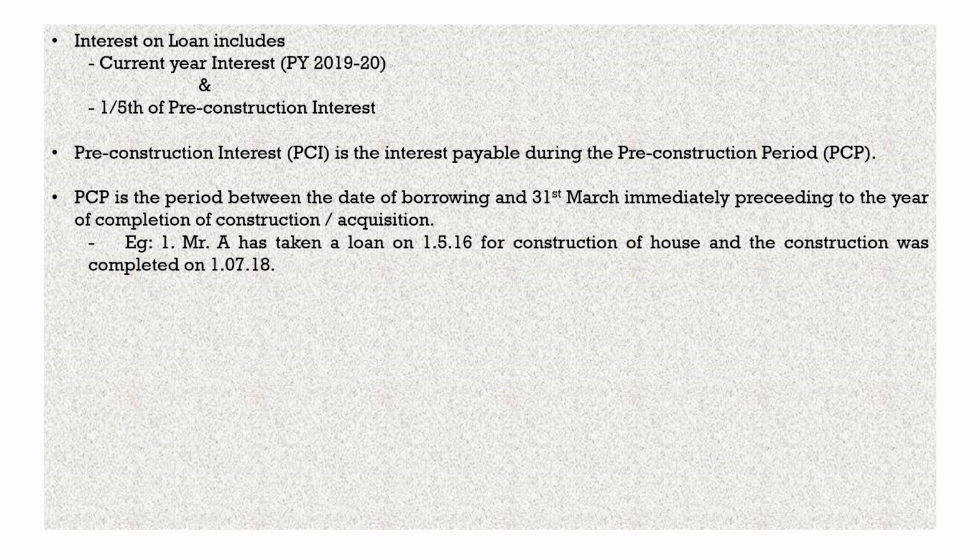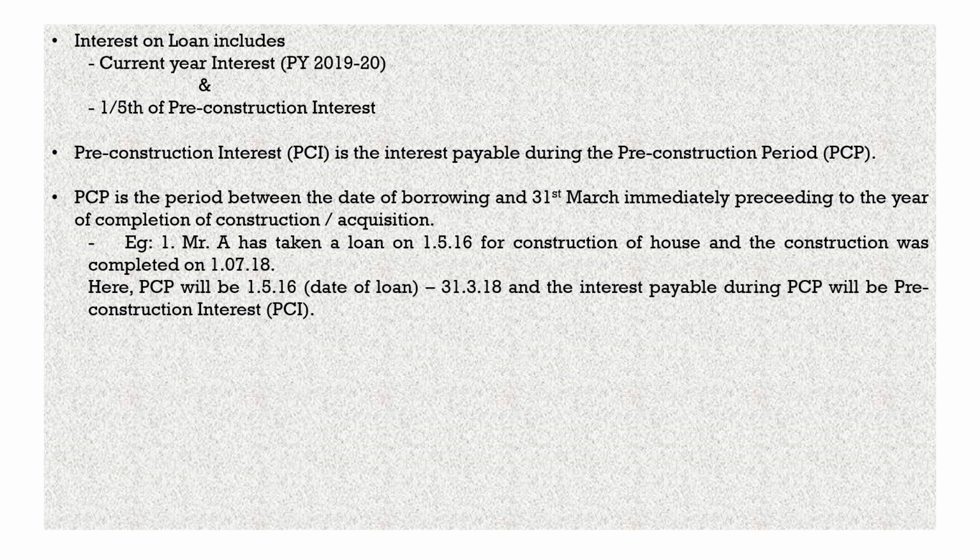For example, Mr. A has taken a loan on 1/5/2016 for construction of a house and the construction was completed on 1/7/2018. Here the PCP, that is the pre-construction period, will be from 1/5/16, that is the date of loan, to 31/3/18.